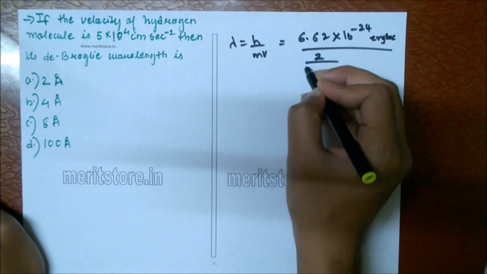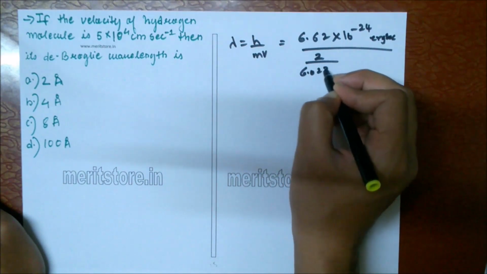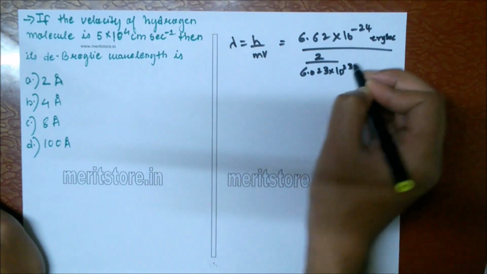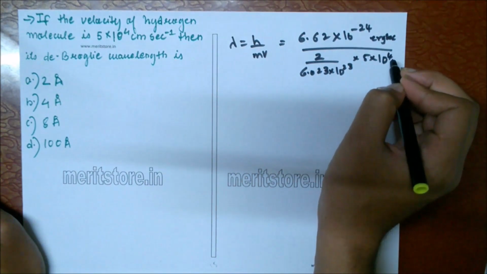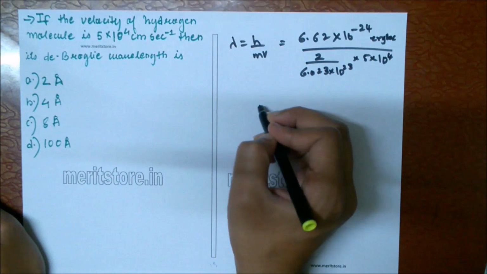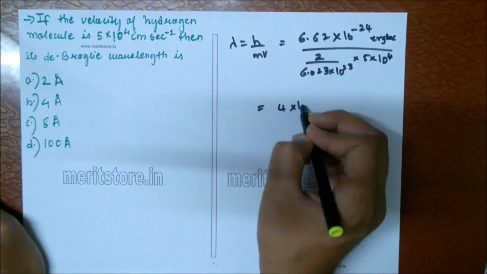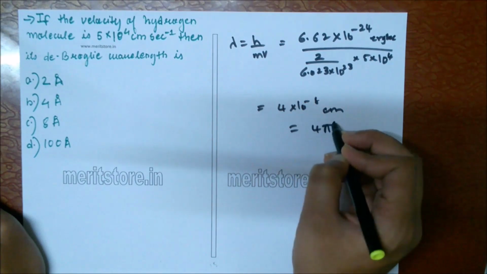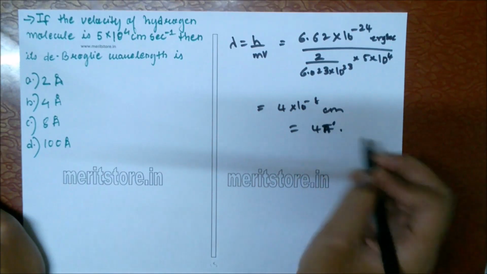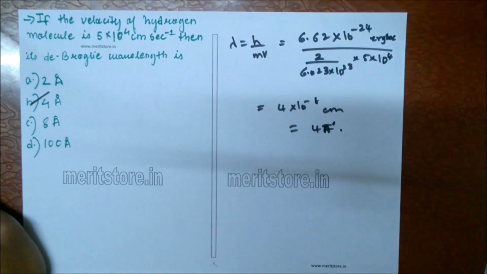Mass be 2 upon 6.023 into 10 raised to 23, into 5 into 10 raised to 4 centimeter per second. On solving this, we get the value as 4 into 10 raised to minus 8 centimeter, which can be written as 4 angstrom unit. So option B is the correct answer.